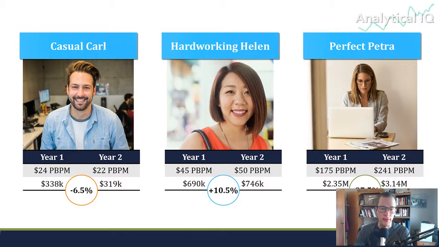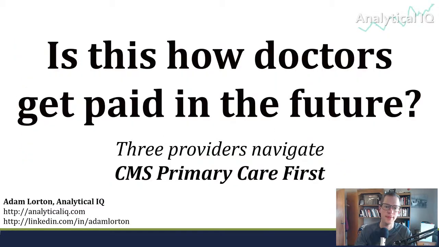Hardworking Helen, risk level 3, $690,000 to $750,000 per year, and then level 5, Perfect Petra, $2.3 to $3.1 million a year. So, like I said, huge differences in what's possible with primary care first. But what CMS likes about this, and what I think some providers will like, is the predictable aspect of knowing what your monthly payment is going to be for an entire year.